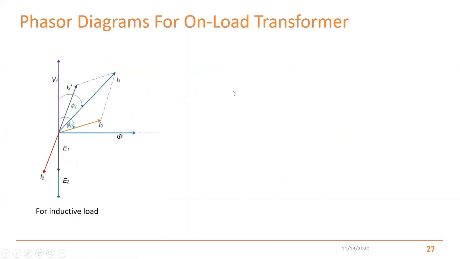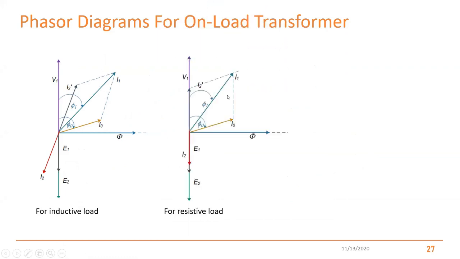So it is as we drew. This is for resistive load. Now try to draw the phasor diagram for capacitive load. You can mark this angle as phi 2. Here phi 2 is 0.